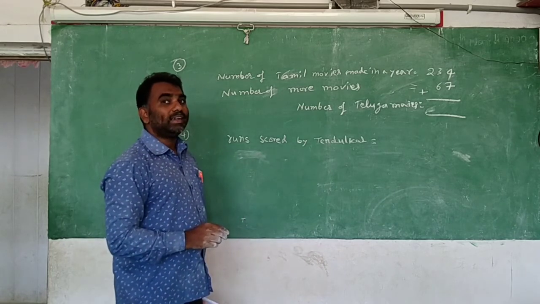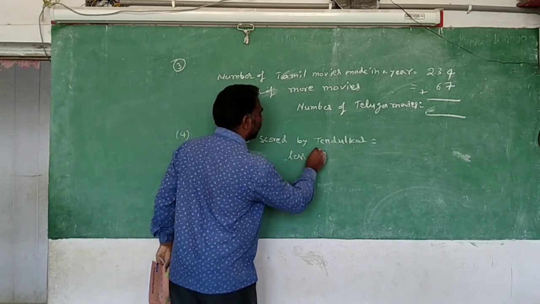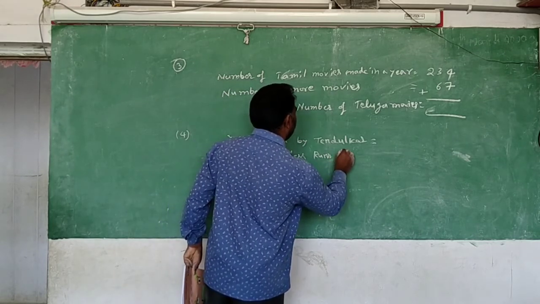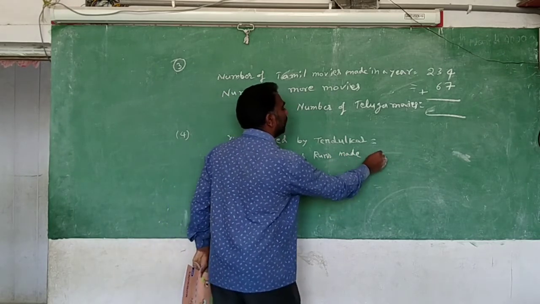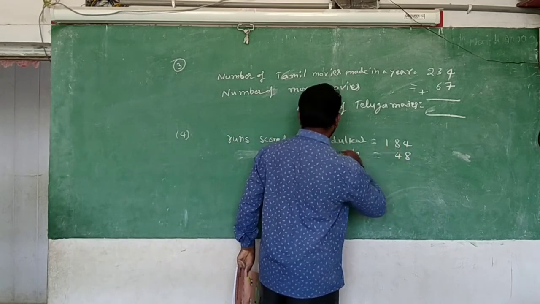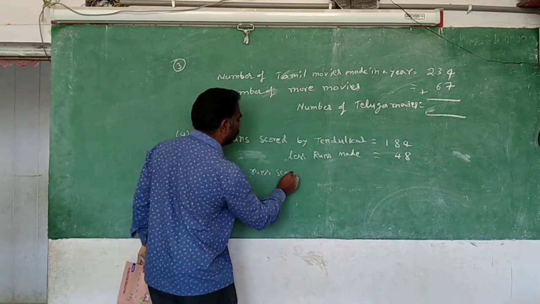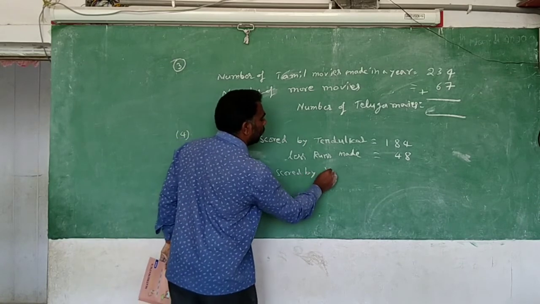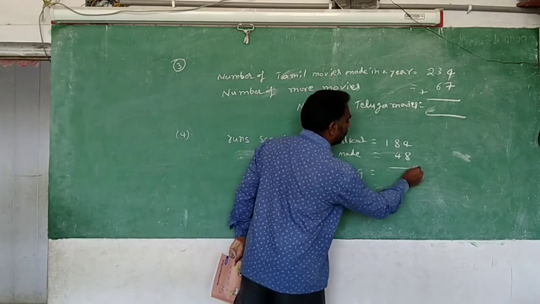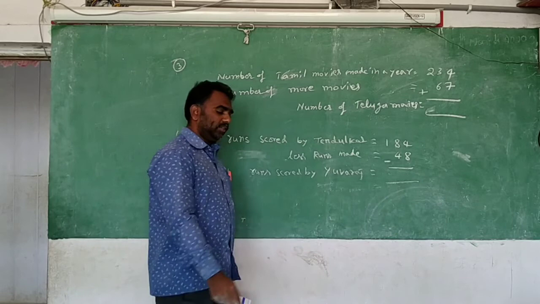Yuvraj Singh made 48 less than him. That's why you write it. Less runs made. How many less runs made here? You know that 48 less. 184 runs he made. Now what you have to find here? Runs scored by Yuvraj. So what should we do to find answer here? Because it is less than, that's why what you do? Subtraction. Do the subtraction and find the answer.